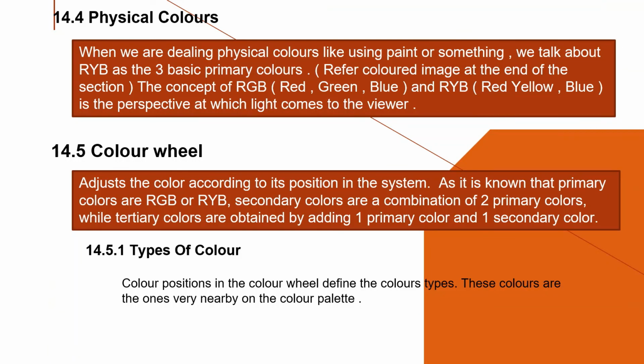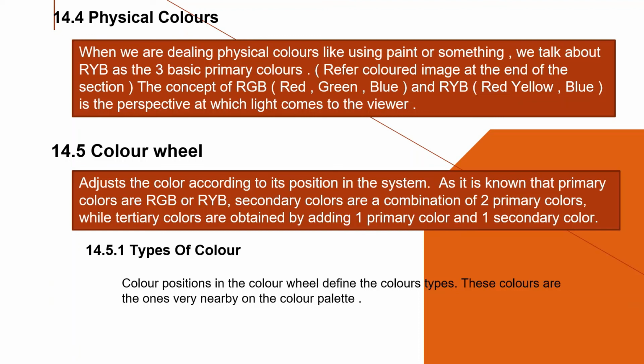The color wheel arranges the colors according to their position in the system. As is known, primary colors are red, green, blue, or red, yellow, blue. Secondary colors are a combination of two primary colors, while tertiary colors are obtained by adding one primary color and one secondary color.